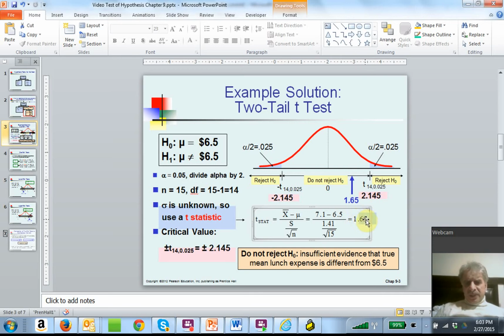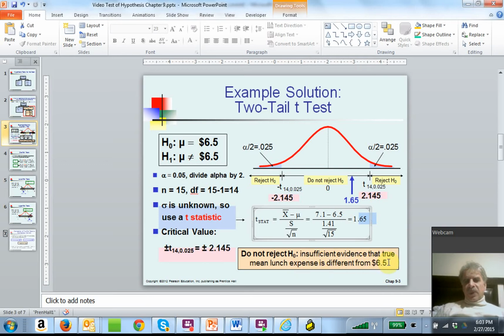It's very close, so it's not that much different. And now I'm going to put my statistical test here. Obviously, it's in the non-rejection region, and now when I'm comparing these, I could come up with the decision: do not reject H0, and I could conclude insufficient evidence that the true mean lunch expense is different from 6.5.